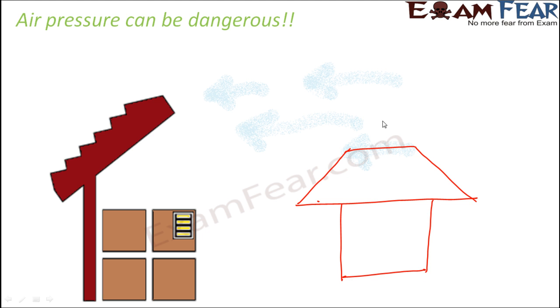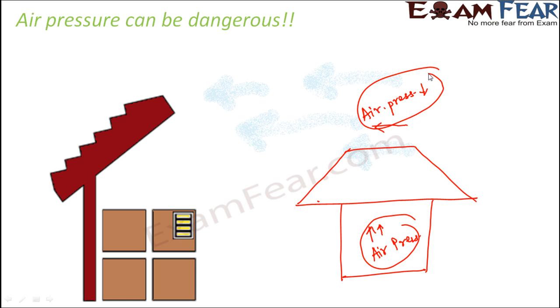Just an example. Above the roof of the house, since the wind is moving at a very high speed, the air pressure here is going to be less. But the air pressure inside the house is going to be more. So here the air pressure is more and here the air pressure is less.